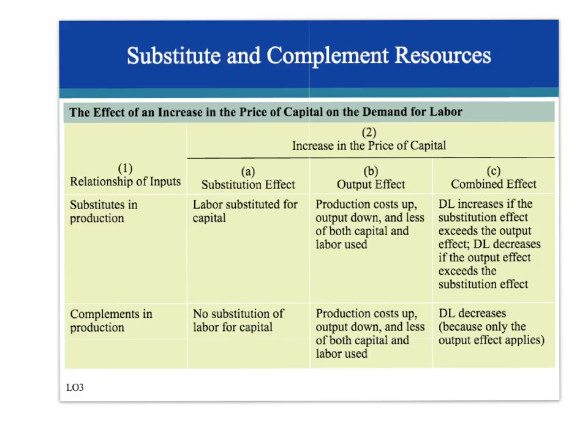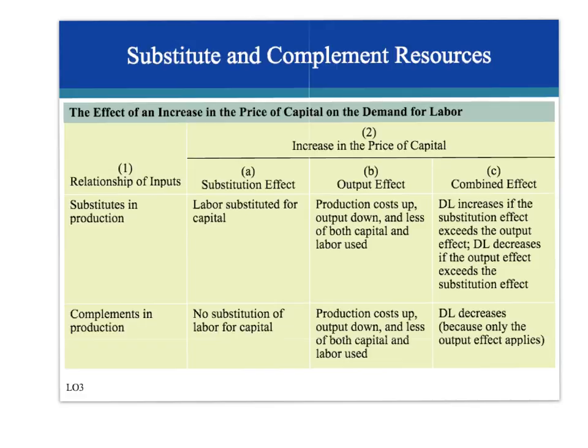Okay, so looking at this chart, we can look at the effect that an increase in the price of capital has on the demand for labor. And it depends on the relationship of the inputs. So if labor and capital are substitutes, then the substitution effect is that labor is used in place of capital.